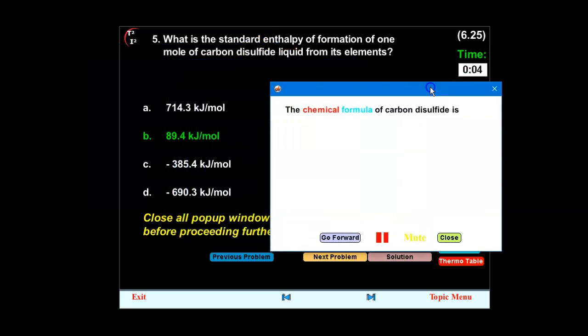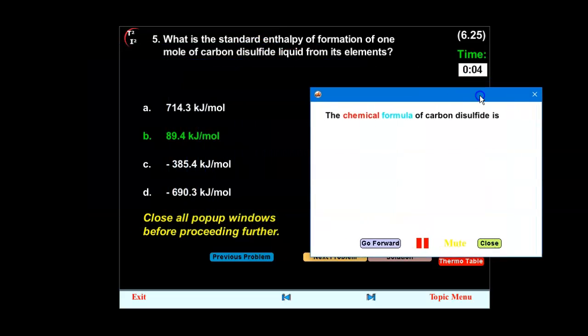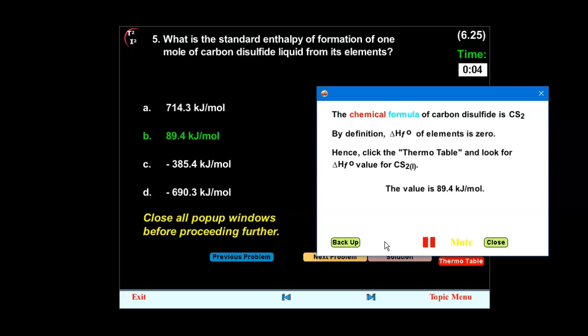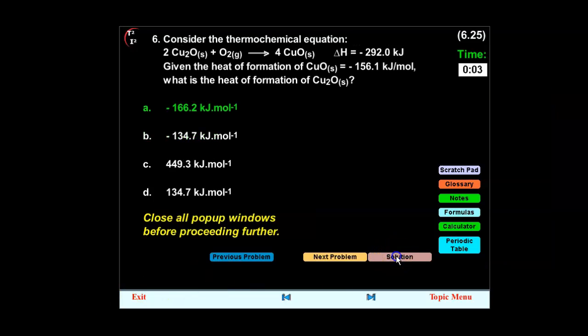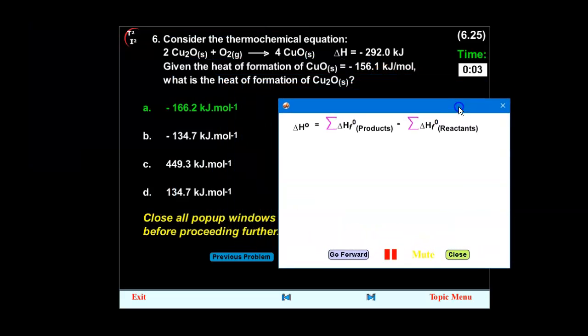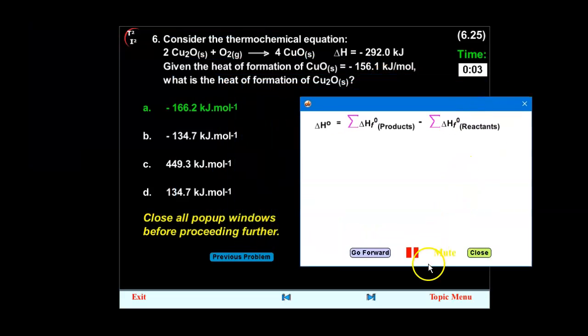The chemical formula of carbon disulfide is CS2. By definition, delta H formation under standard conditions of elements is 0. Delta H naught equals the sum of the heats of formation of the products minus the sum of the heats of formation of the reactants.